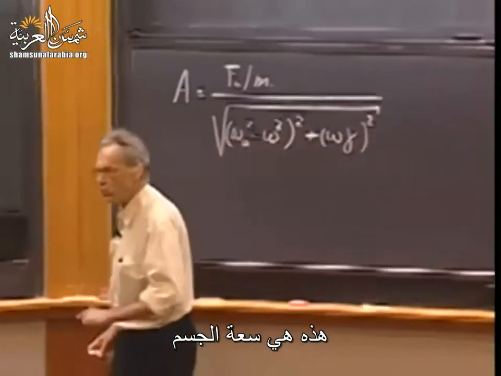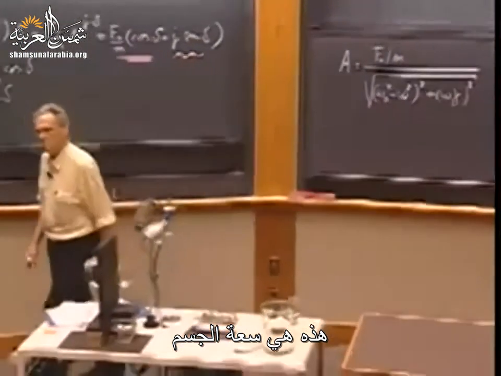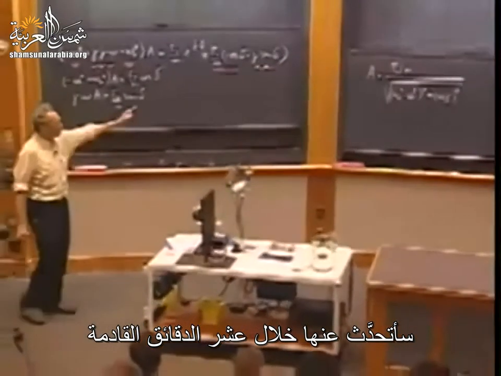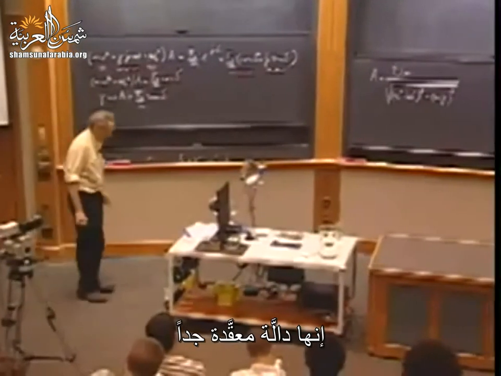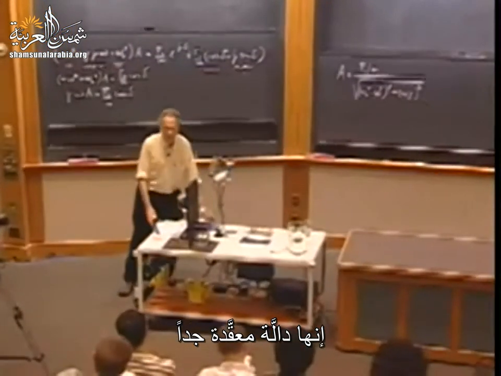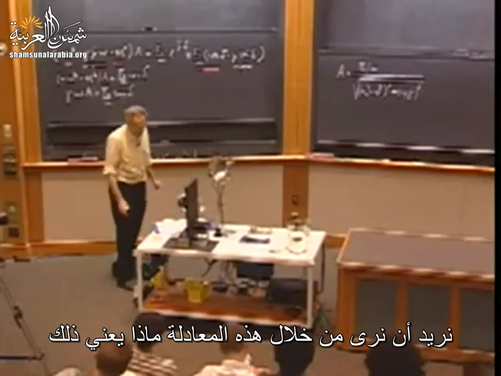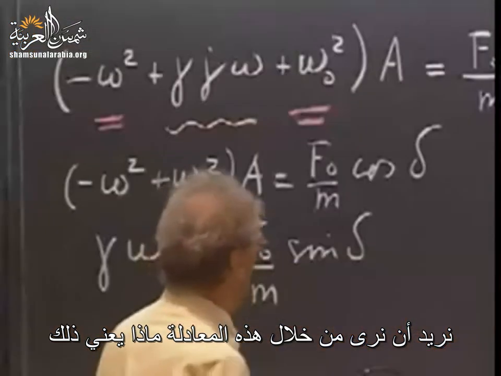So this is the amplitude of the object. And we'll massage that, we'll talk about this for at least the next 10 minutes. It's a very complicated function. We want to see through that equation what that actually means.